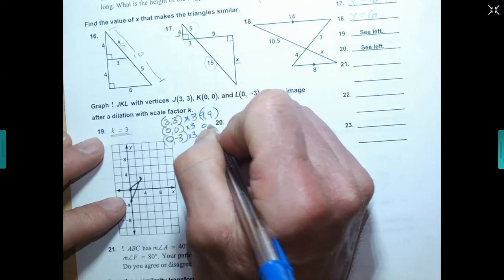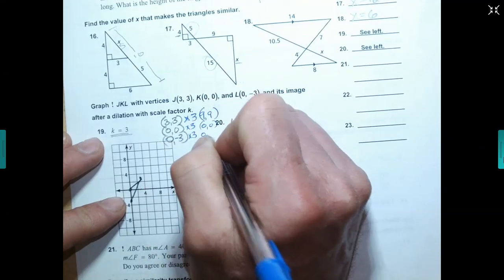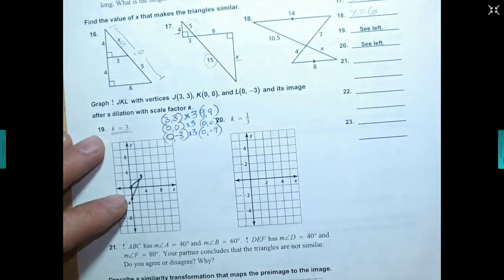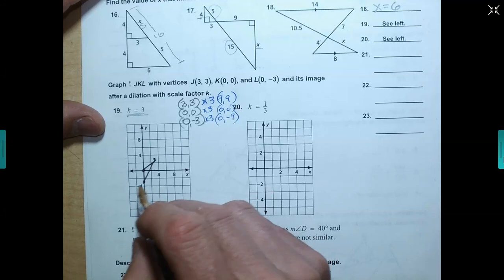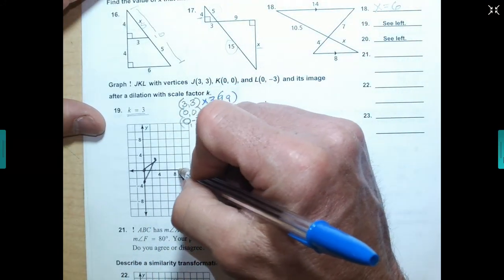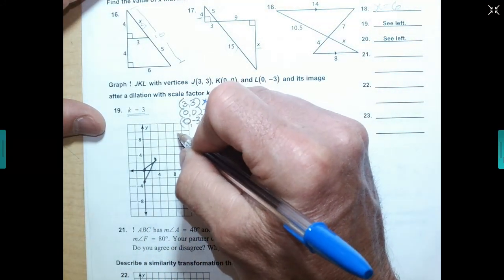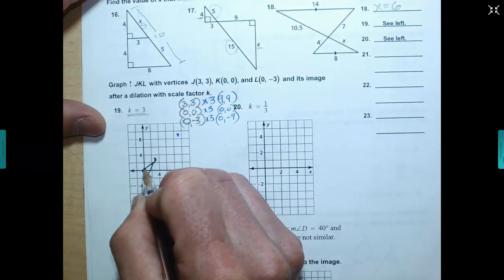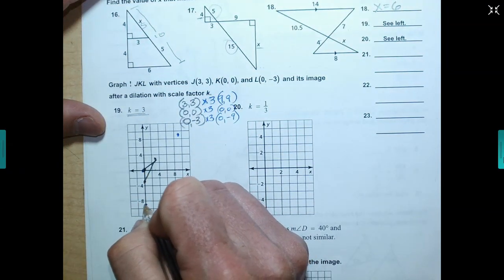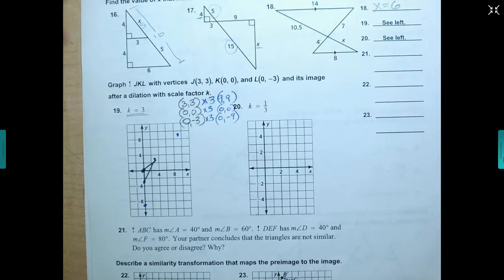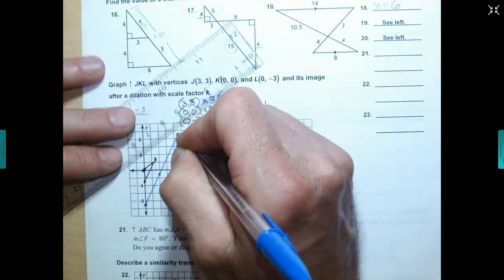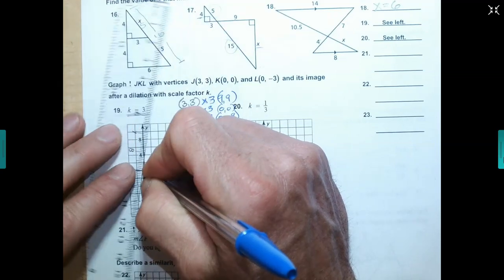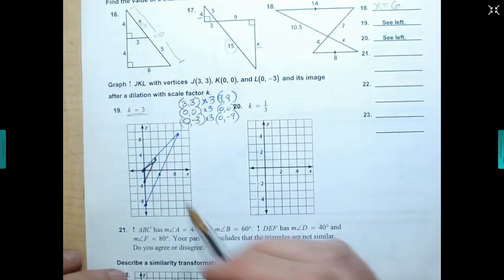I have 0, 0. And I have 0, -9. So my new triangle would be 9, 9, 0, 0, and 0, -9. And these lines are too long for me to get a nice straight line, so I will use a ruler. And there's my new one.